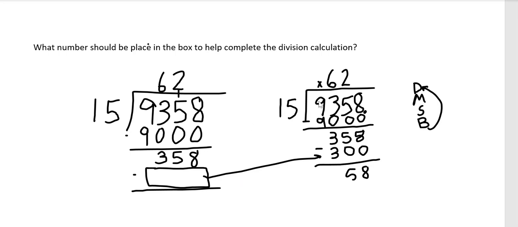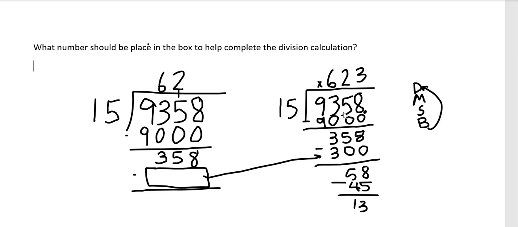To continue dividing this, 15 does go into 58 3 times. 15 times 3 is 45. And notice we did not get 0 here. We actually got 13. So that would be considered a remainder, meaning 15 does not divide into this number equally.